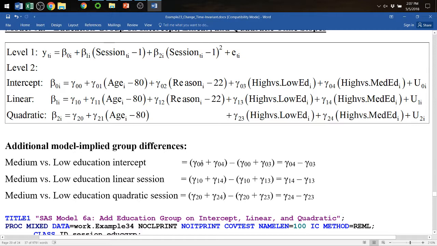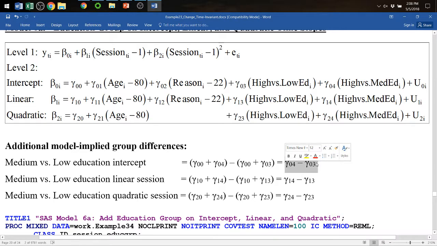Here's the math down here to prove it. How the medium group gets its intercept starts with what the intercept is for the high group plus how it differs for the medium. Same way, how the low group gets an intercept is what it is for high plus how it differs for low. The fixed intercepts cancel and you're left with this.